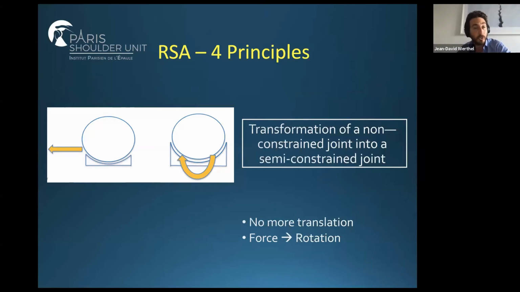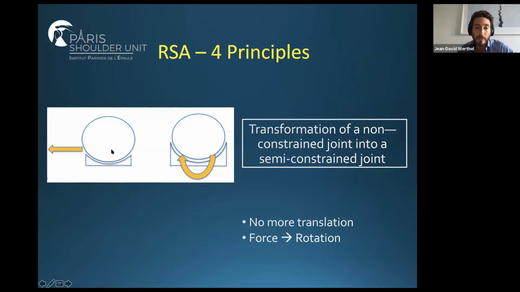He thought if we transform the joint from a non-constrained joint into a semi-constrained joint, well, the translation forces are going to disappear, because if you pull on an unconstrained joint, if you pull on this yellow arrow, you're going to pull the head away from the glenoid.